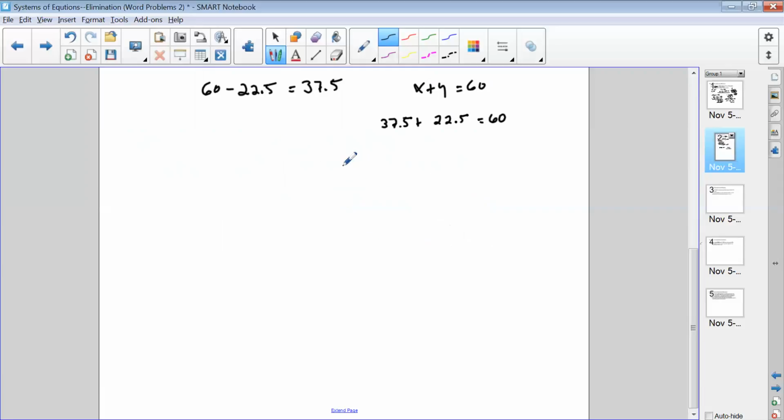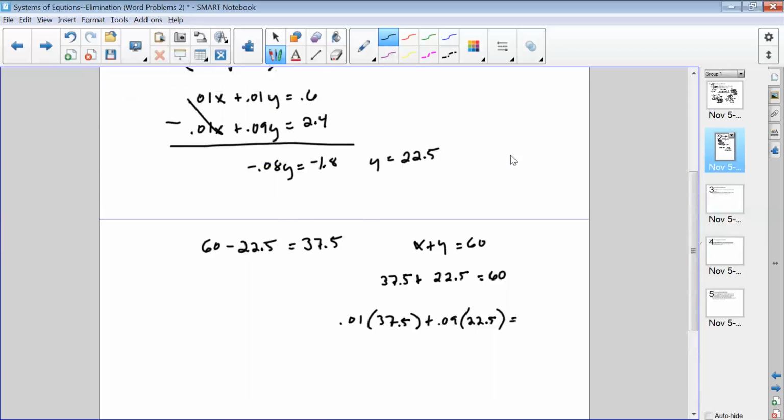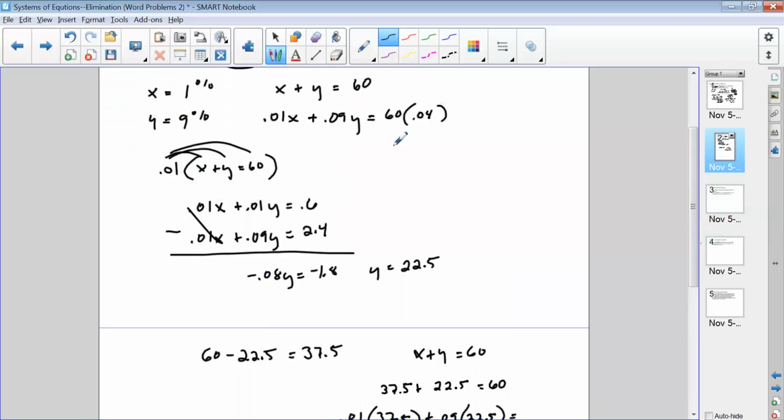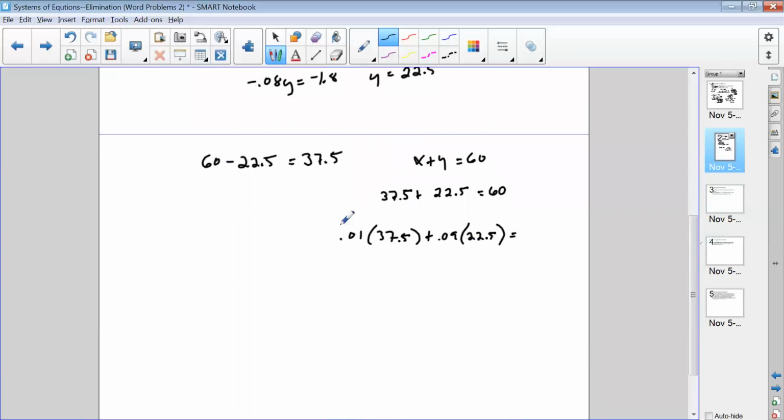And if you take 1/100th of 37.5 plus 9/100ths of 22.5, we should get what we had up here, which was 2 4/10.